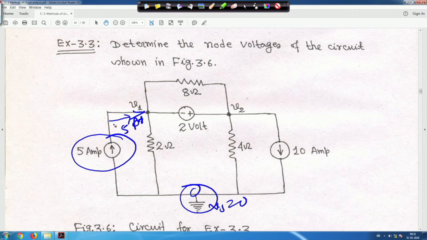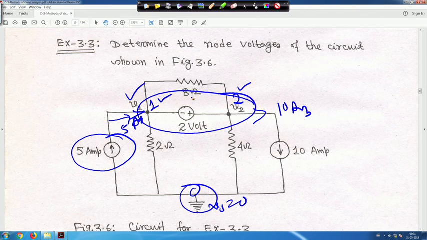Another 10 ampere current source is at node 2, so this 10 ampere current is leaving node 2. These two, node 1 and node 2, are non reference nodes, and in between them one voltage source is connected, that means it is forming a super node.